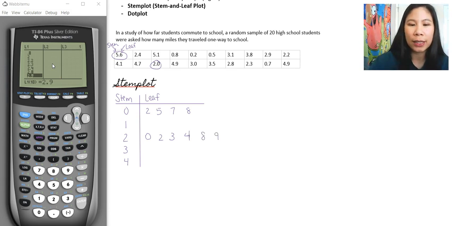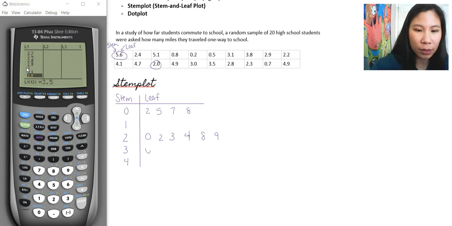You'll also notice that as I write my leaves, I kind of want them to line up so it's easier for me to count how many are in each row. So it kind of keeps it organized that way. And let's keep going. So after the 2.9, there is a 3. So that would be 3.0, 3.1, 3.5.